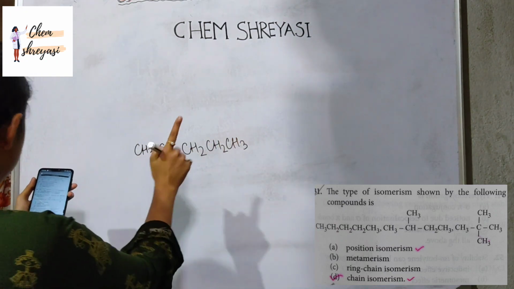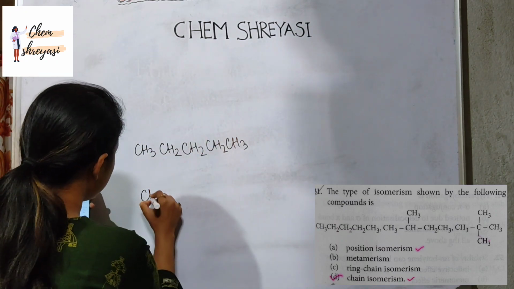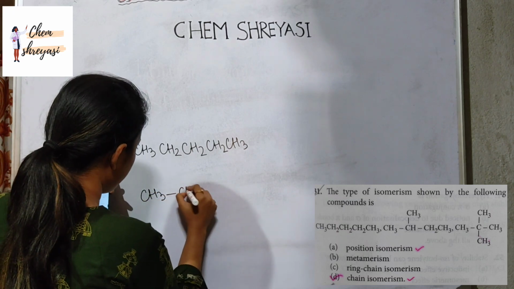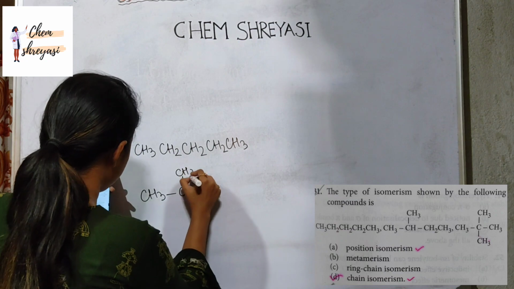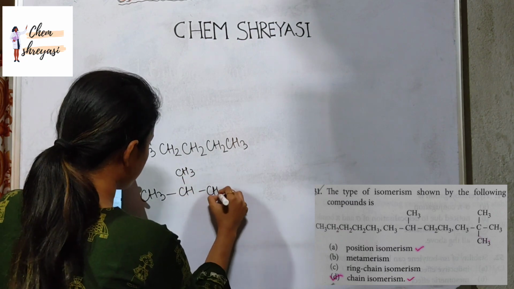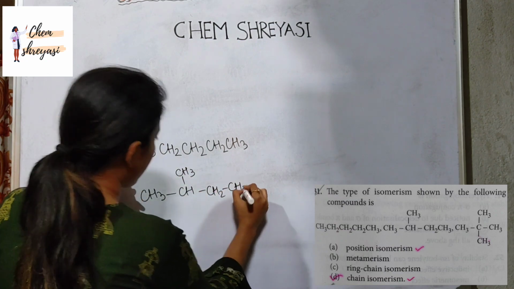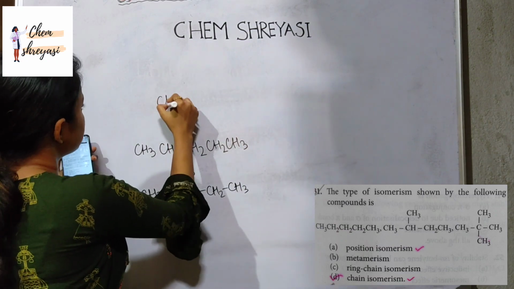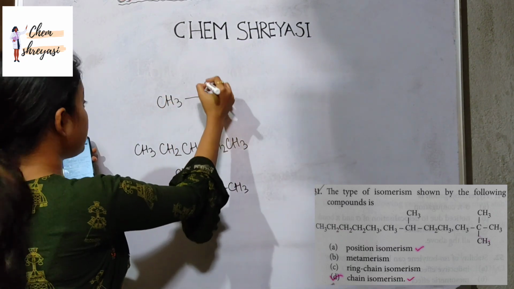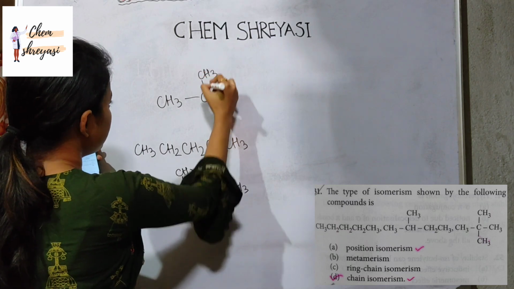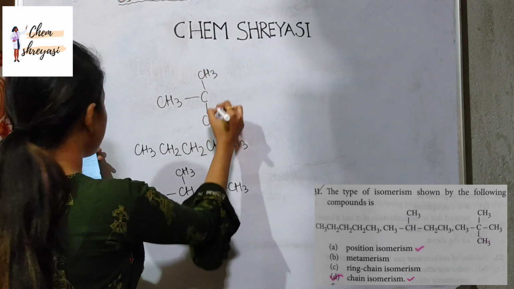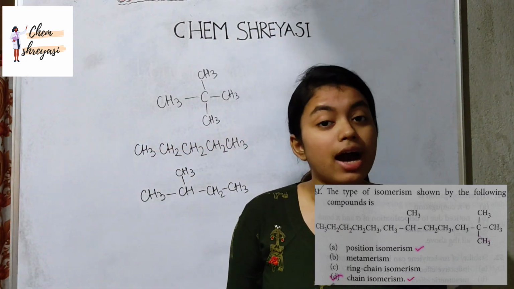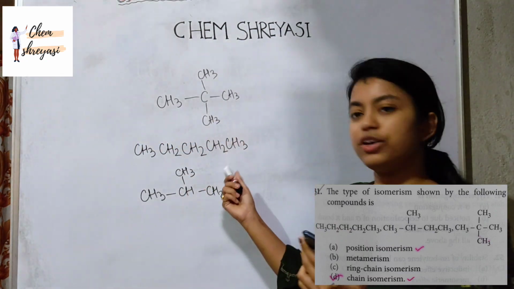They have given first this structure, and then CH3, CH, CH3, CH2, CH3, and the third structure I am drawing here. The third structure is CH3, C, CH3, CH3 and CH3. And they are asking what the isomerism is that exists here.